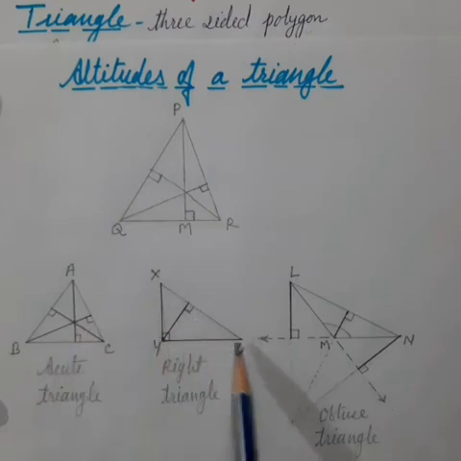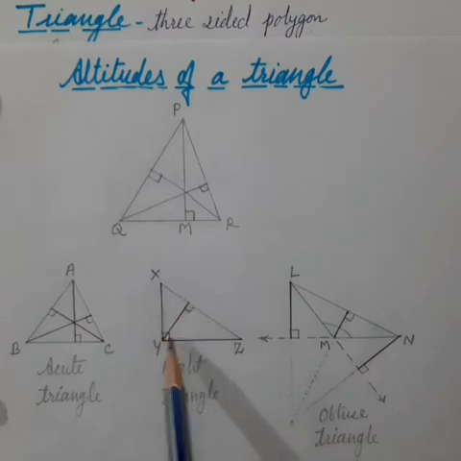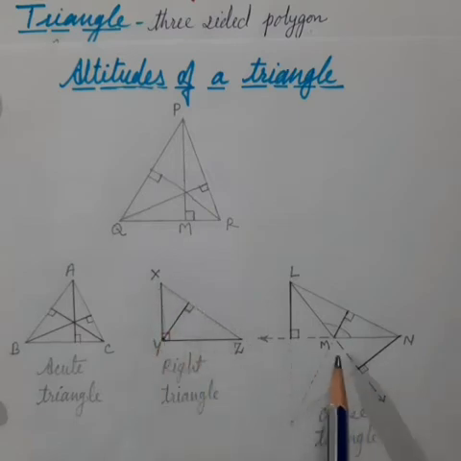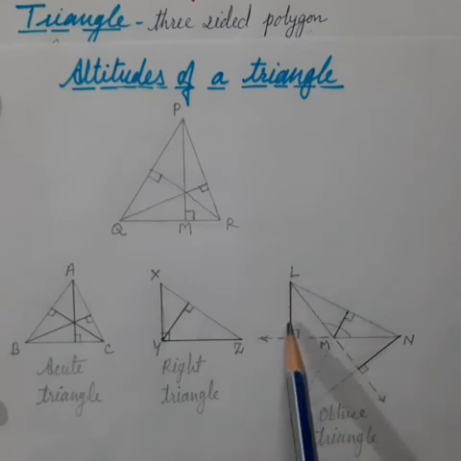In a right angle triangle, three altitudes meet at the vertex of the right angle. And in an obtuse angle triangle, these three altitudes meet somewhere in the exterior, but we have to extend them to get the point of intersection.